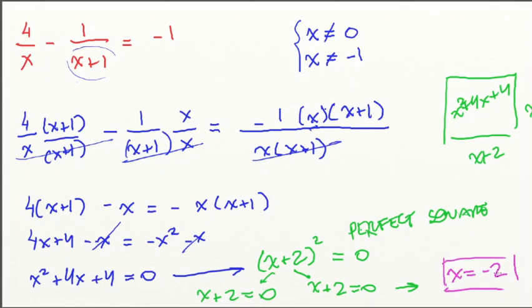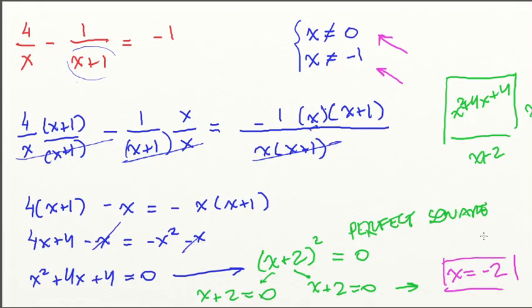And that's our answer. If one of our solutions was x equals 0 or x equals negative 1, then we would not be able to accept it. Now you can even take this value back to your original equation and check it out, and you would see that it matches.